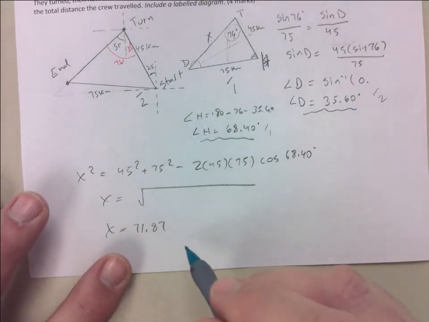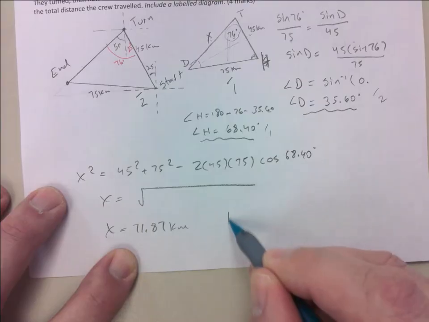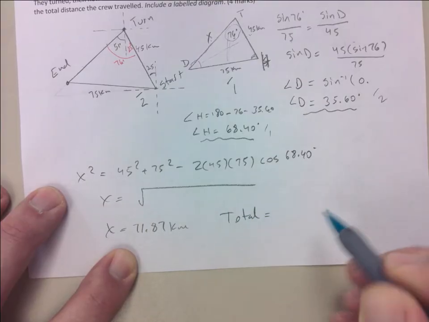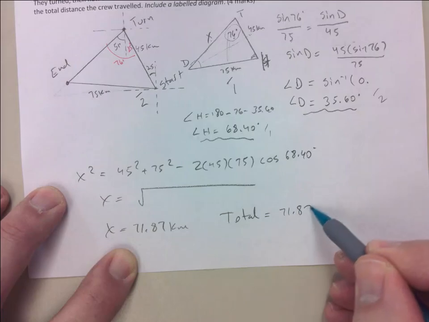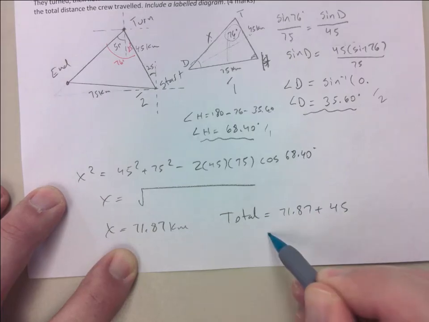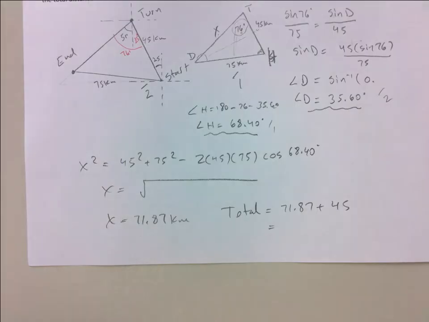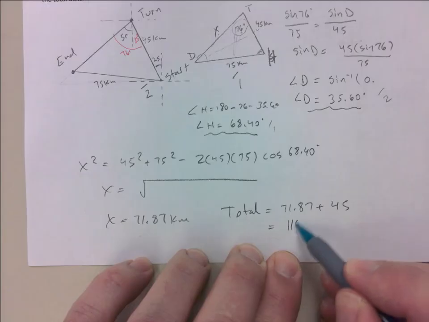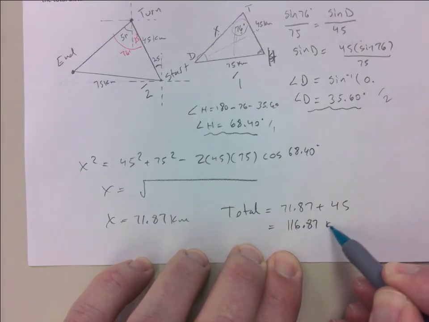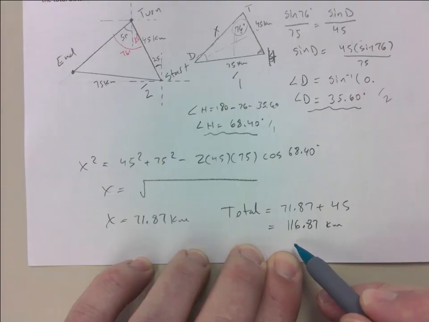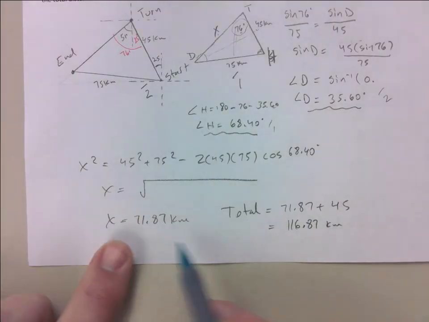So that would be in kilometers. Total would be 71.87 plus 45, because the way the question was worded, there was more than just that. 116.87. Is that what we're getting? If you add, because it asks for the total distance traveled.